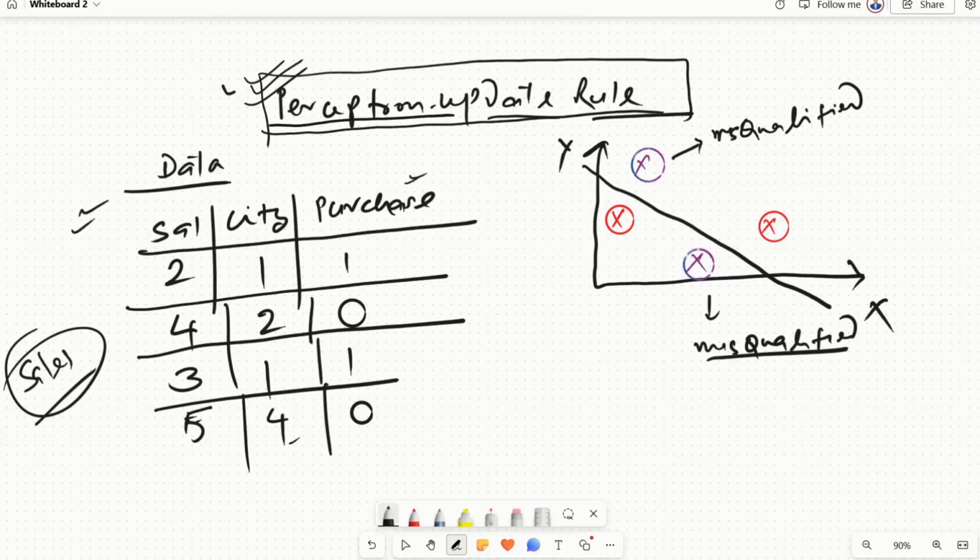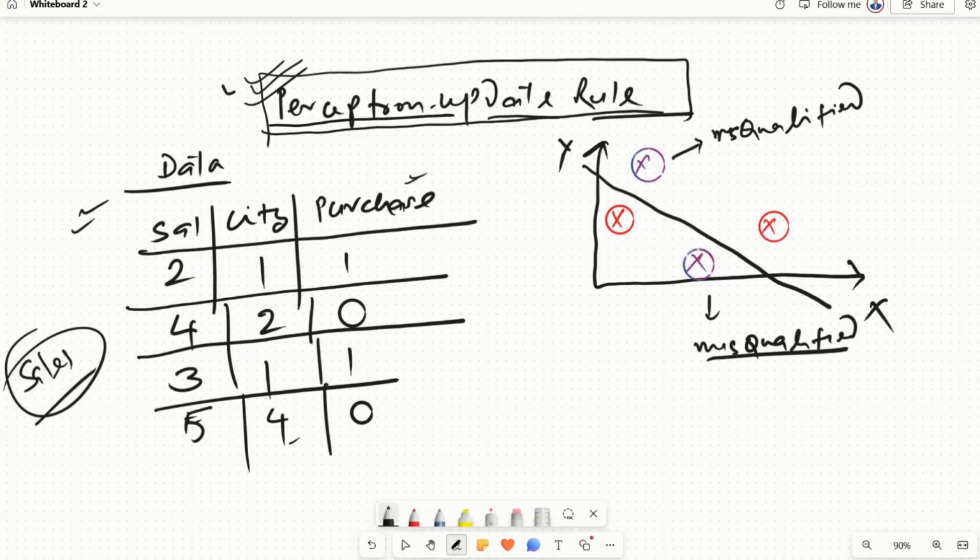If you already have a basic understanding of the perceptron, in my previous video I discussed that a perceptron in 2 dimensions is just a straight line, or a plane or hyperplane in higher dimensions, which tries to separate two different clusters of points.